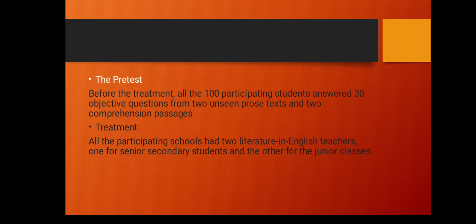The pretest. Before the treatment, all the 100 participating students answered 30 objective questions from 2 unseen prose texts and 2 comprehension passages. Treatment. All the participating schools had 2 literature in English teachers, one for secondary students and the other for the junior classes.